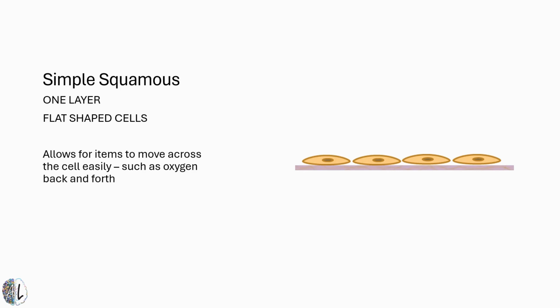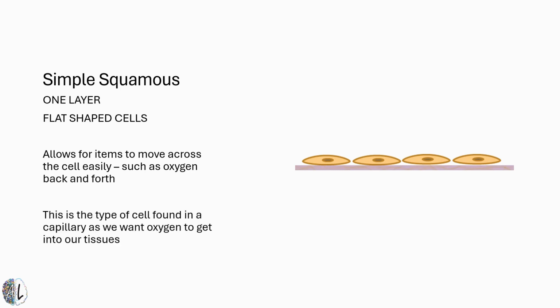The reason to have this sort of cell inside of your body is it allows things to sneak back and forth. Being a single layer, they're very small cells. Things like oxygen and sugars can just go back and forth quite easily. So you're going to find this in places like your capillaries. You're going to want to get oxygen in and out. You're going to want to get sugar in and out of your bloodstream. And so this thin sort of tissue is really helpful for that.